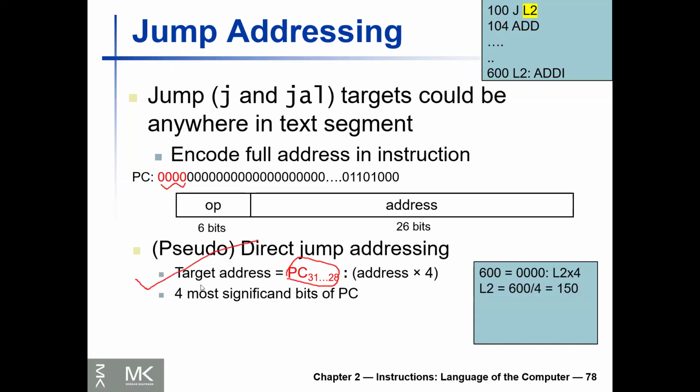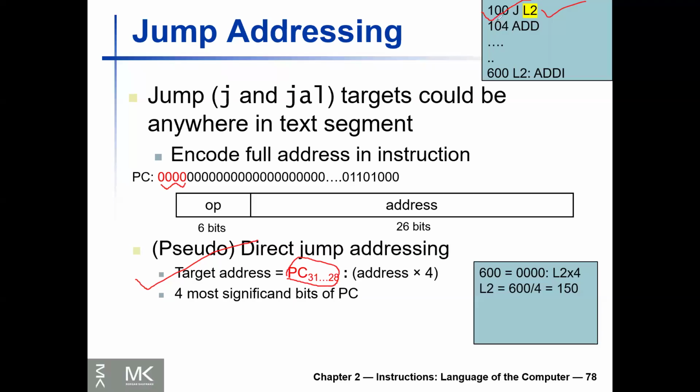So if I have a jump instruction, this is the formula to calculate: target address equals the append address times 4. Suppose this is the instruction we have, at 100, jump L2. I want to calculate the offset L2, and I know the target is 600.